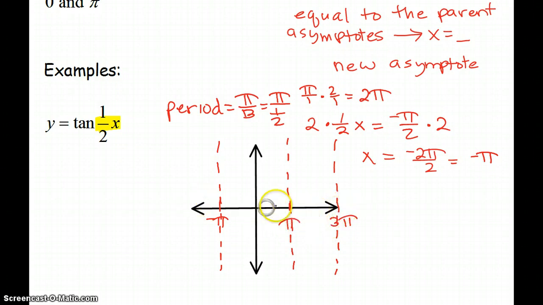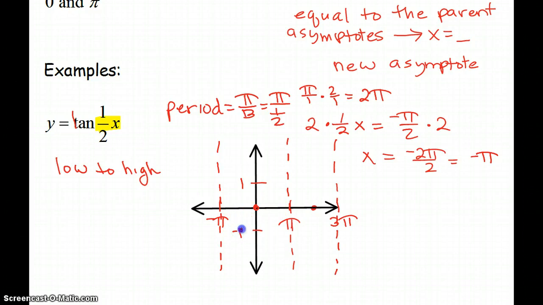So the next thing we're going to do is realize that in between these two, we're going to be right at the x-axis. And then tangent, remember, it always goes from low to high. So I look at my amplitude, and remember, it's not really an amplitude for tangent, but it's this number out here in front, which would be a 1. So I'm going to go ahead and put a 1 here and a negative 1 here. So since it's low to high, I'm going to go down first.